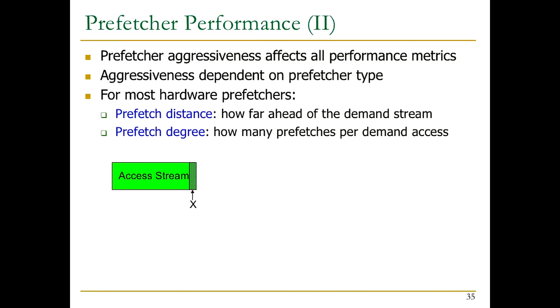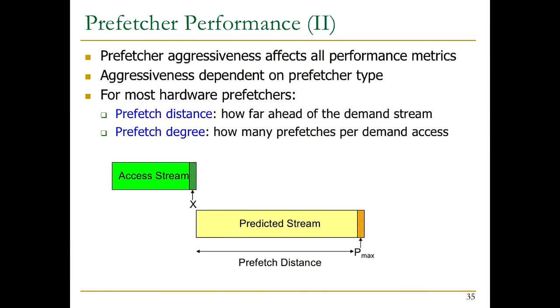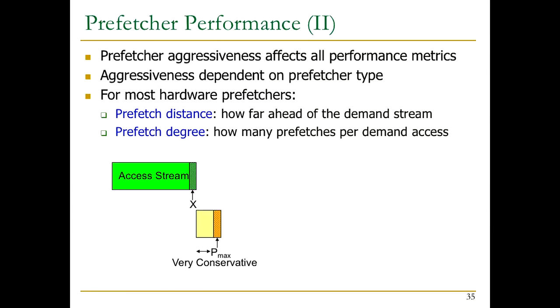So it's a pictorial view of it. Access stream: the processor accesses X. And there is a predicted stream by the prefetcher. And that's your prefetch distance. Ideally, you're far ahead of your processor access stream. So this is a very conservative prefetcher. It's not so far ahead. This address is maybe a few blocks ahead of the processor. Very conservative.